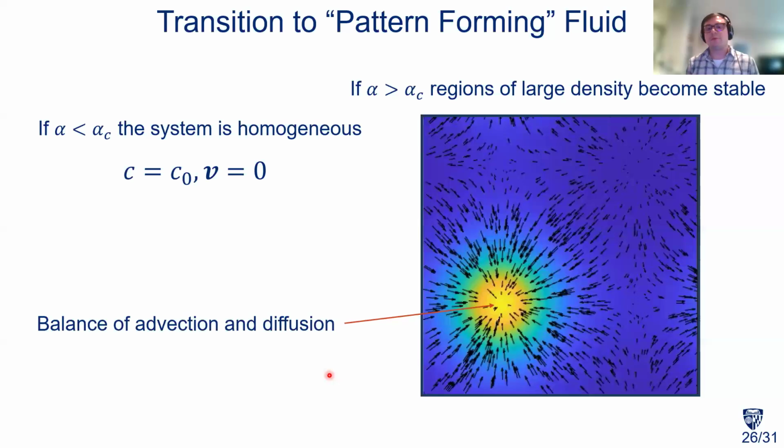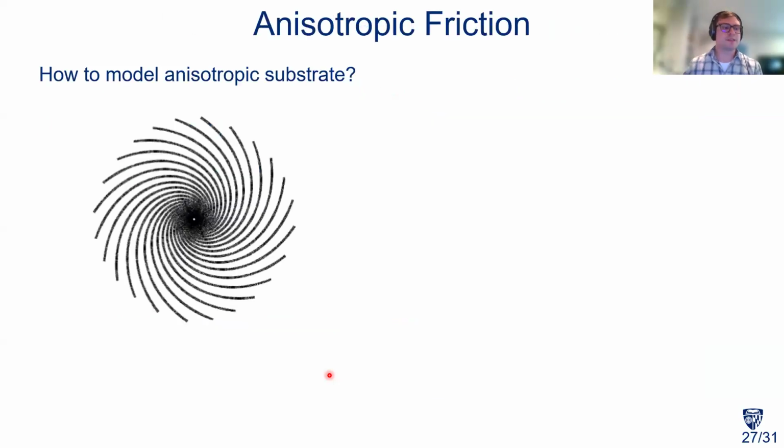All right, and so this is why we were thinking that at least some of the physics might be involved in the cellular system. Except we need one more component, which is an anisotropic substrate. So how can we model anisotropic friction? Well, if we have this spiral case, we can pick a point and decompose that point into a parallel and perpendicular axis.